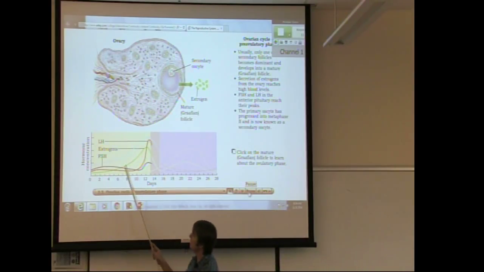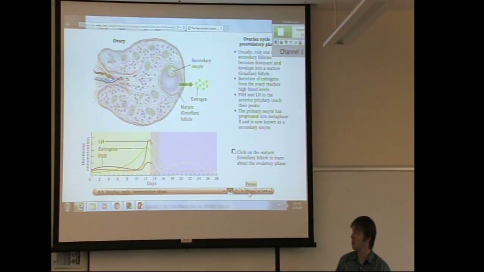And you could see what's happening to these hormones over here. So estrogen's going up. LH and FSH are also rising as well. And progesterone. So all the hormones are going up. I guess that's an easier way to say it. So LH, FSH, estrogen, progesterone are all going up. So next up is ovulatory phase.